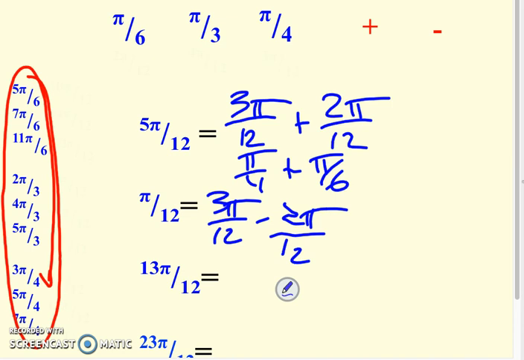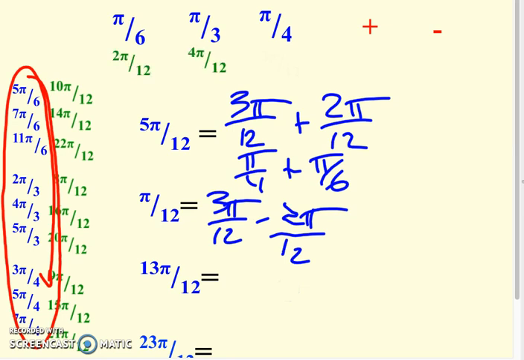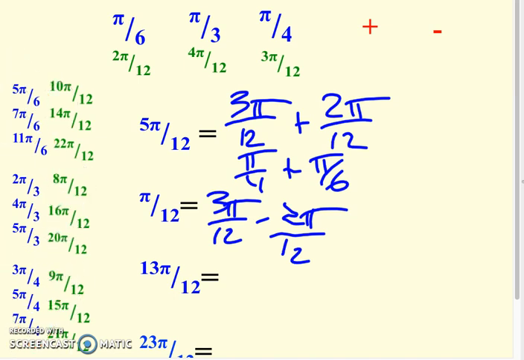There are tons and tons of options to do this. If you think about the 12s, I'm going to bring up the 12s list here. You'll find there are a lot of possibilities. If I wanted pi over 12, 16 minus 15, 21 minus 20, 9 minus 8, 15 minus 14, 10 minus 9, right?